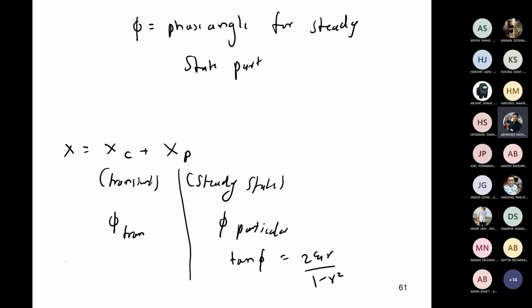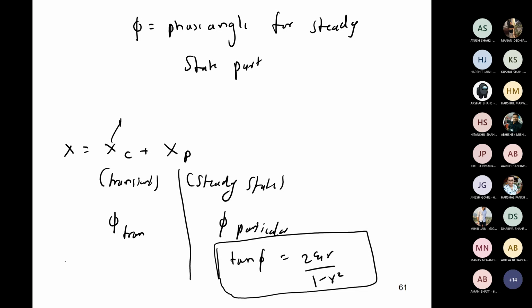Sir, we have to calculate the x for question number 6 of the MCQ. Yes, there will be two x: one for the complementary function and one for the particular integral. For the complementary function, xc is a e raised to minus zeta omega n t cos omega d t plus phi.